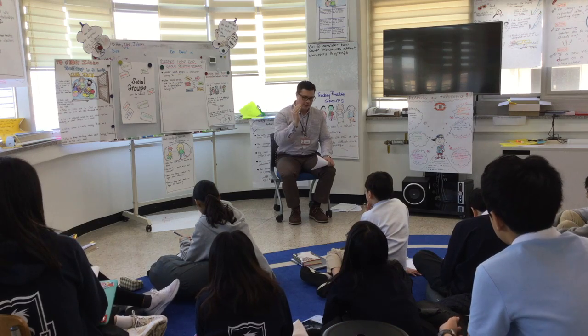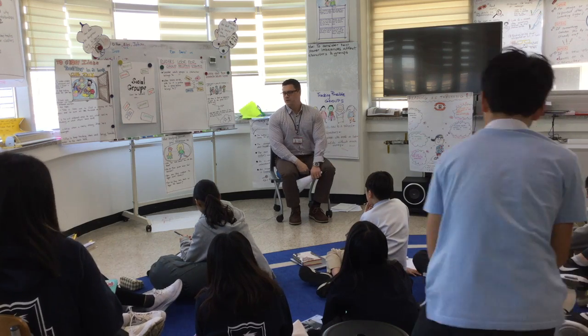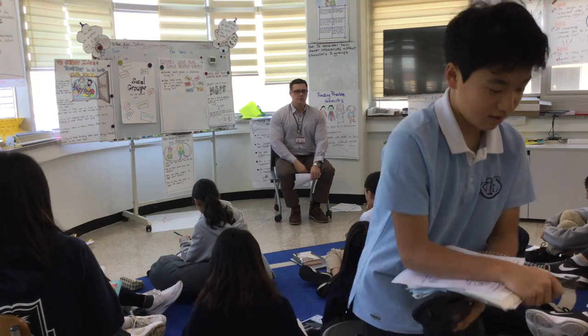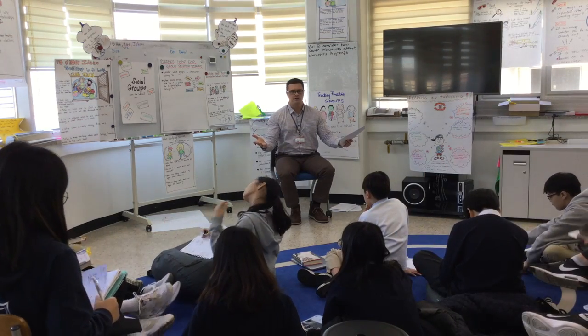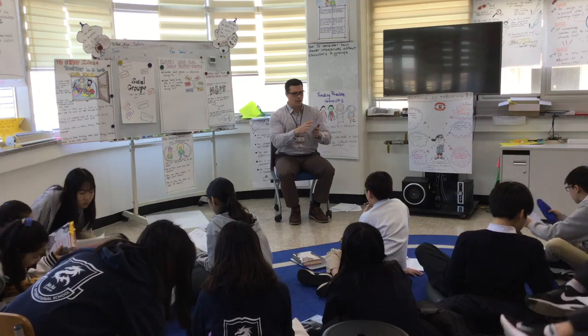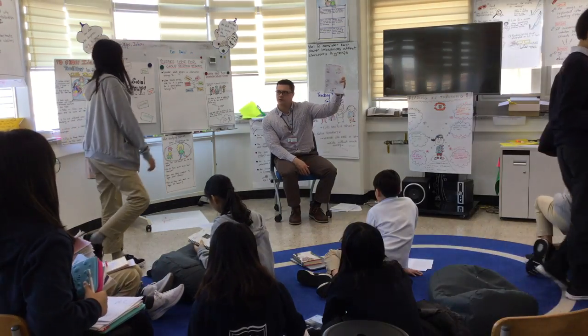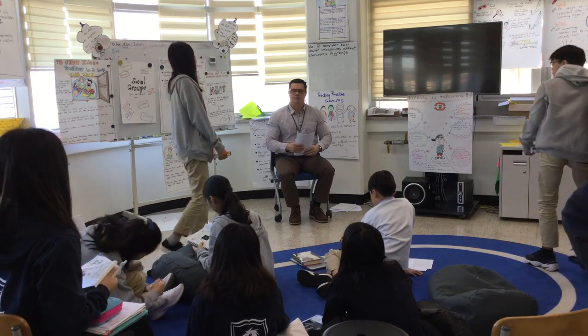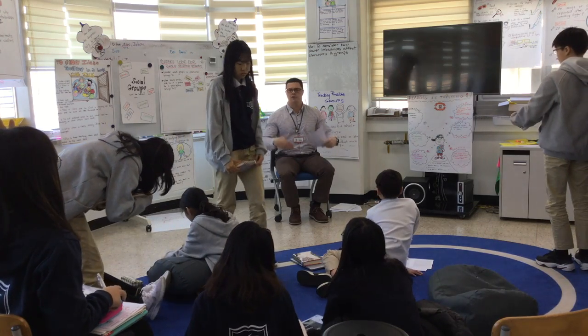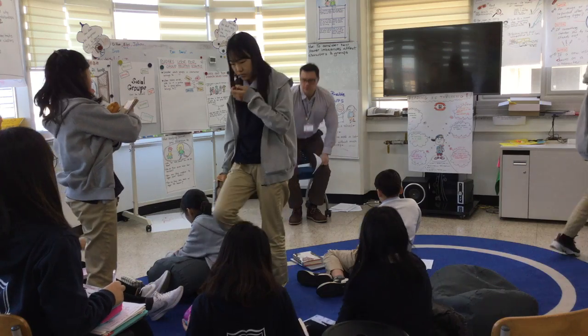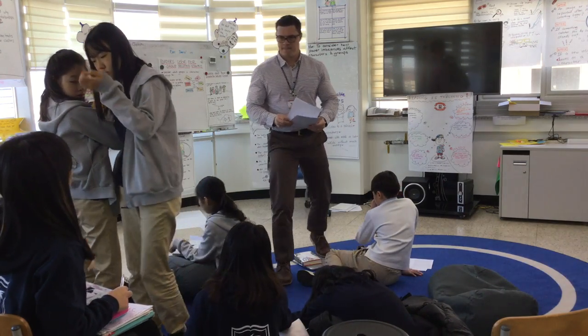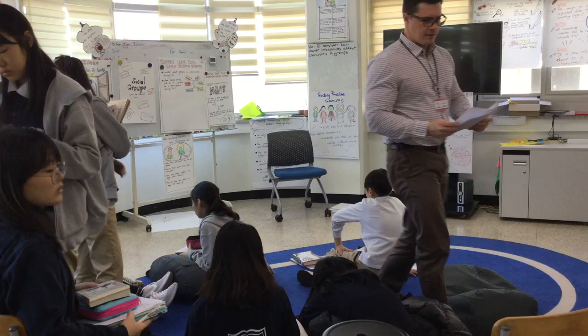All right, so head back to your tables. Reading notebooks are open. You can use my drawing as a model for your own in your book. You don't have to sit with your book. You're going to read and write independently.